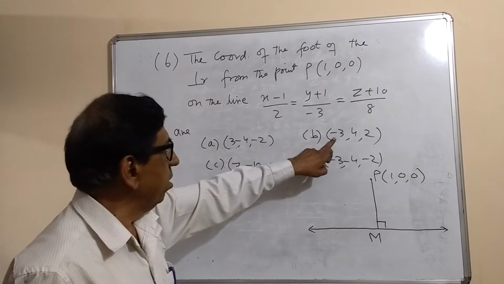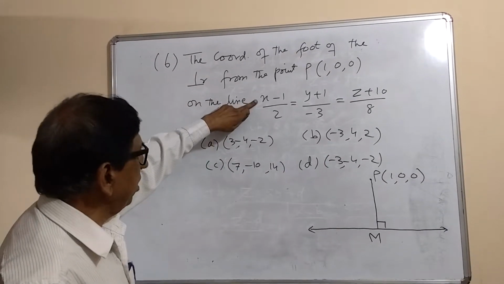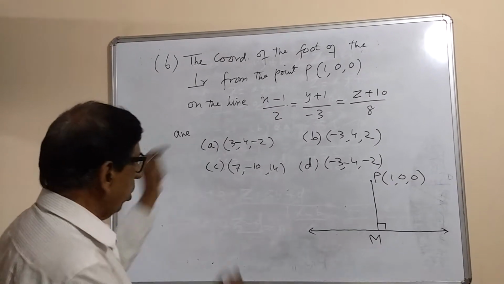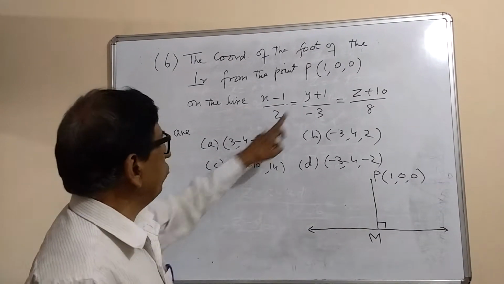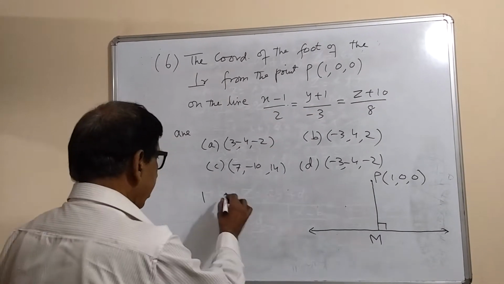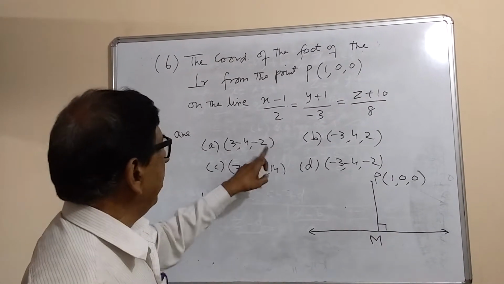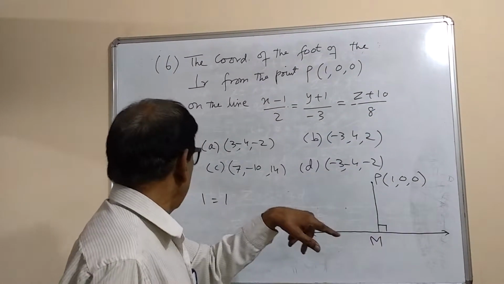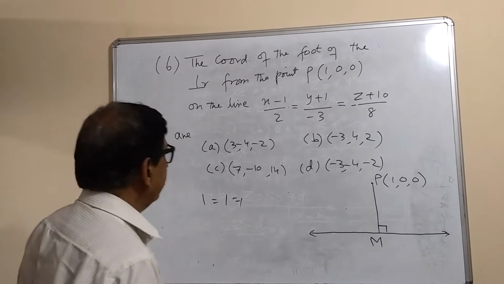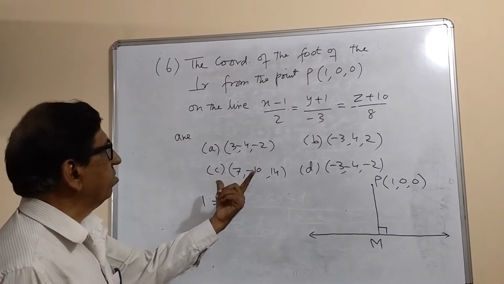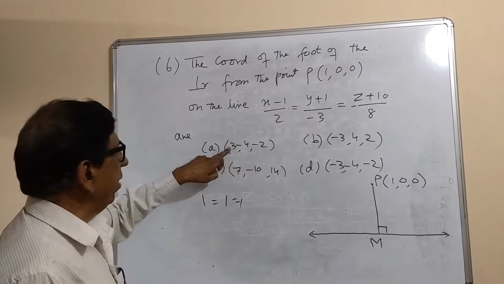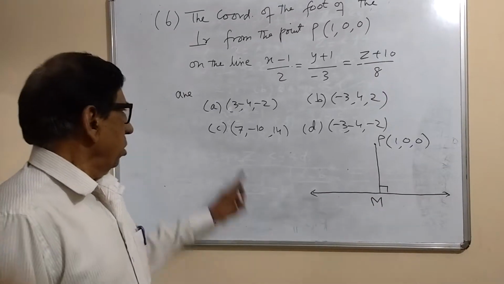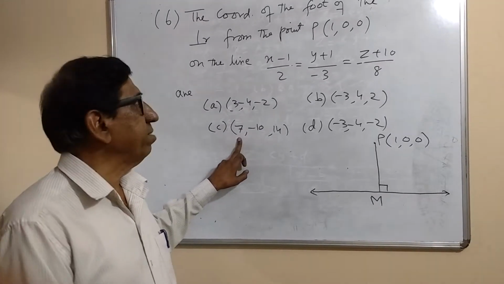For example, you put here 3 minus 1, that is 2 upon 2 is 1, minus 4 plus 1, minus 3 upon minus 3 is 1, and minus 2 plus 10, that is 8 upon 8, that is 1. Means this point satisfies the equation.